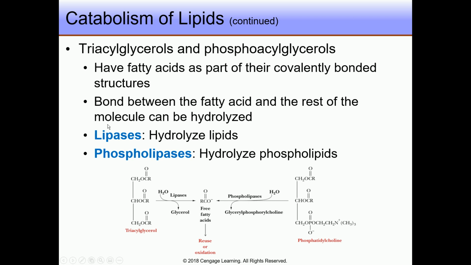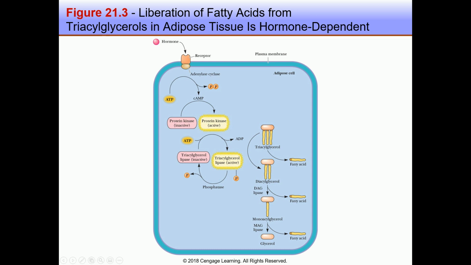The triglycerides can be hydrolyzed by using lipases, and the phospholipids can be hydrolyzed by using phospholipases. This basically shows how the fatty acids are liberated from the triacyl glycerols, and then these fatty acids can undergo the process of beta oxidation.